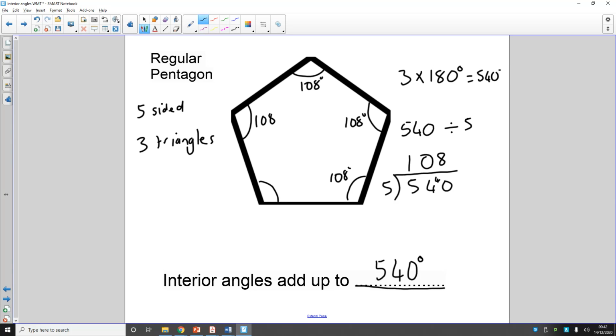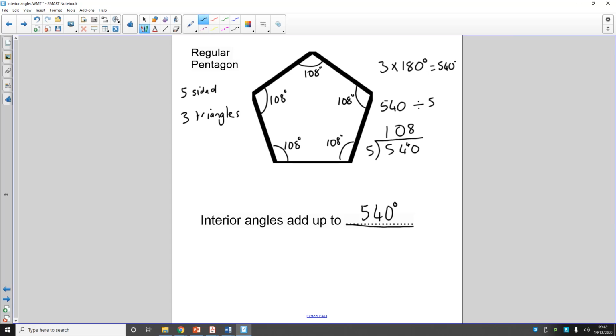And our check is that 5 lots of 108 equal 540. So we have worked out that the interior angles of this pentagon add up to 540 degrees, and we can now write down that an interior angle in this shape is equal to 108 degrees. They're all equal because it's a regular pentagon.